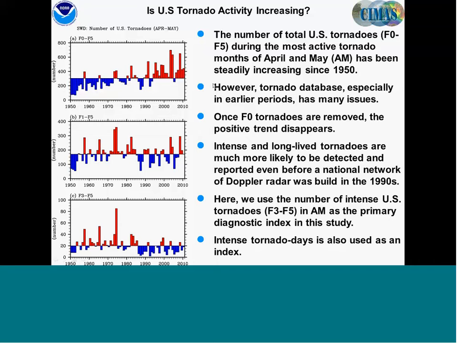So what we did in this study is that we just used the number of intense U.S. tornadoes, F3 to F5 in April and May, as our primary tornado index, because we think that the intense and long-lived tornadoes are much more likely to be detected and reported even before a national network of Doppler radar was built in 1990. And this is our tornado index that we used here. And then we also use other indexes, such as intense tornado days.